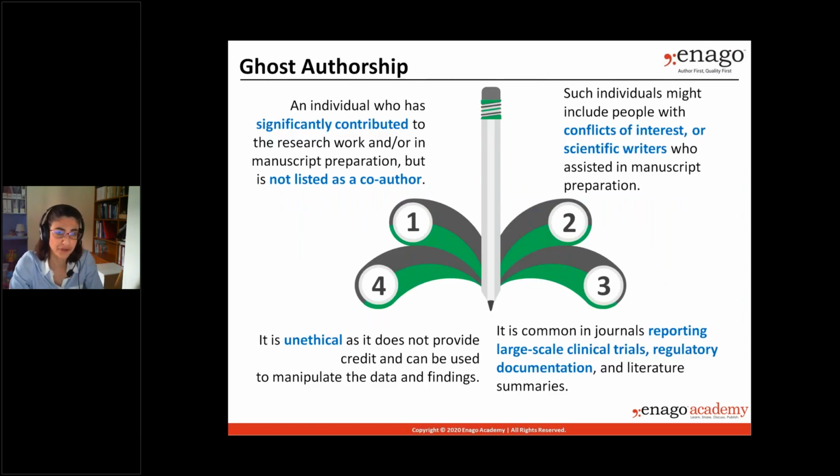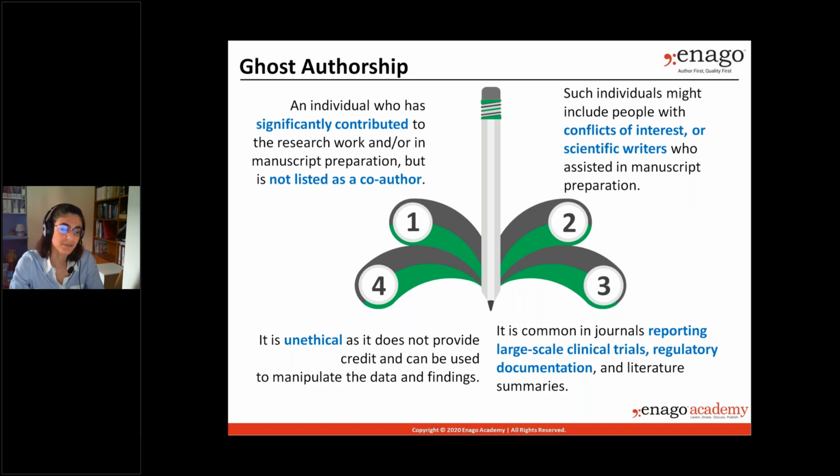Another type of authorship that is also a problem and a very unethical approach is that of ghost authorship. A ghost author is an individual who has significantly contributed to the research work or the manuscript preparation, but is not listed as a co-author. So this is the exact opposite of what we saw in the previous slide. These individuals might include people with conflicts of interest or scientific writers who assisted considerably with the manuscript preparation but are not acknowledged for their efforts.